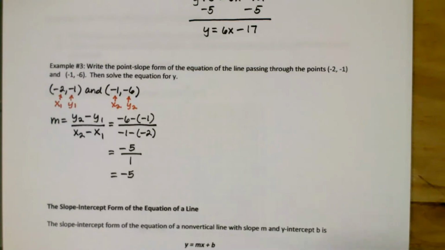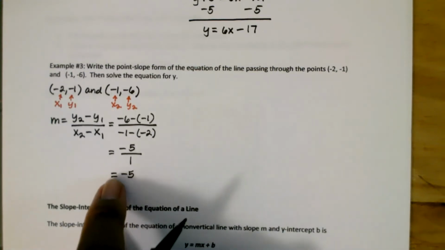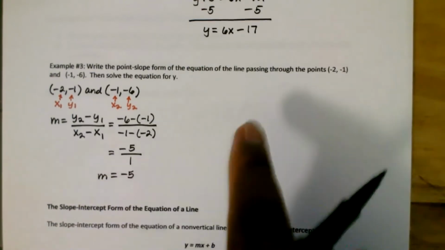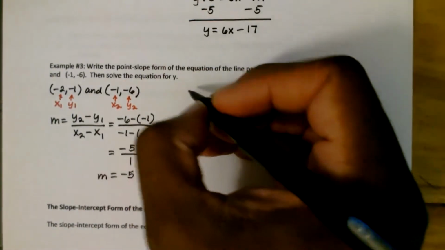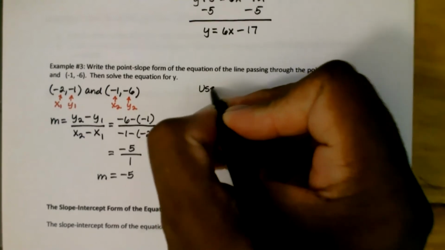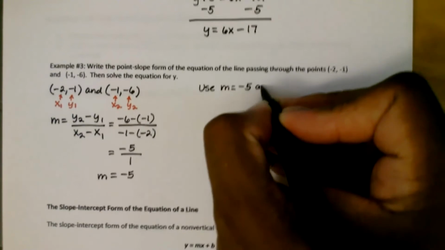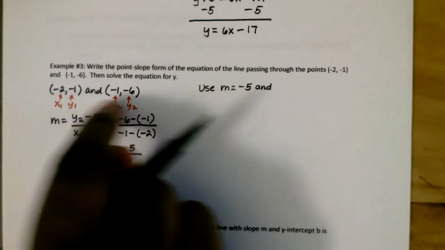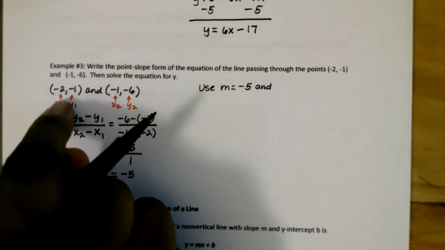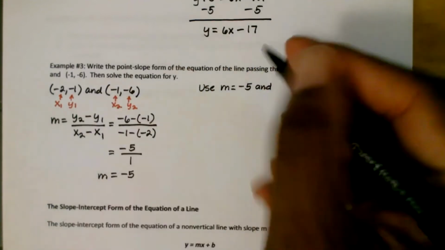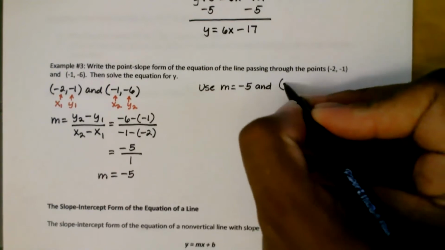And now I'm going to use that slope of -5, let me just write this over here. Use the slope of -5. And also I can use either one of these 2 points, either -2, -1, or -1, -6. I'm going to use the first point, -2, -1.